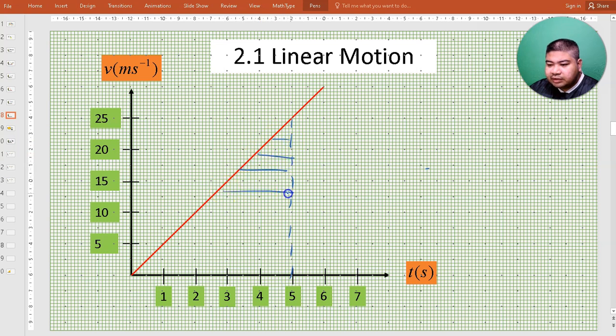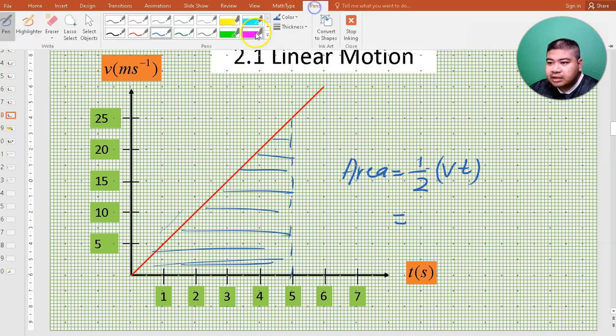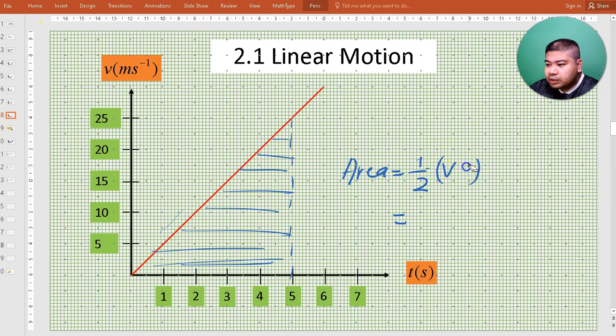This is the area of a triangle. The area is v times t, but because it is just a right angle triangle, the area is half of the area of the square. I forgot the delta t there, the time interval.